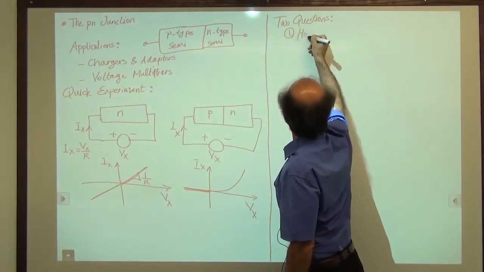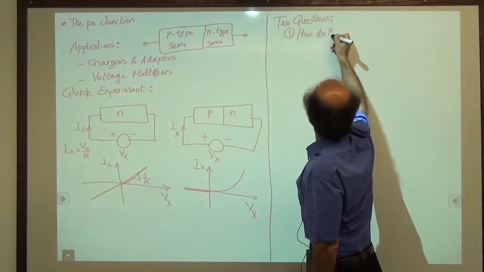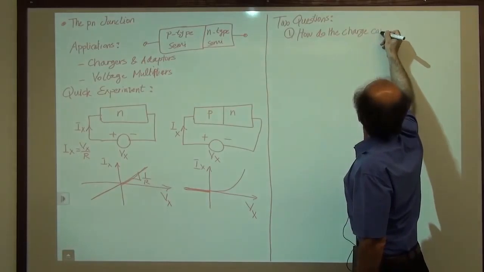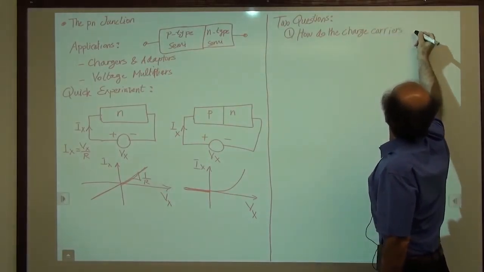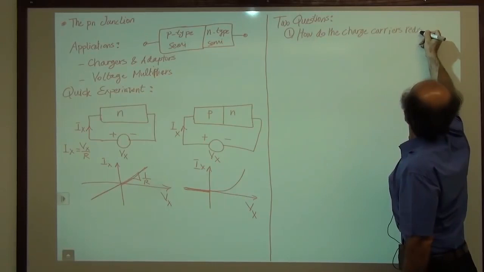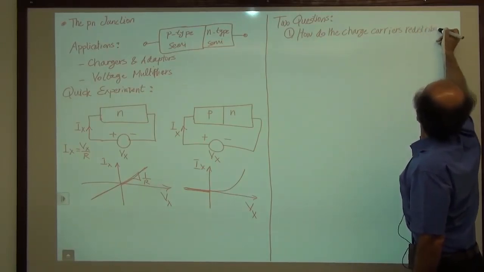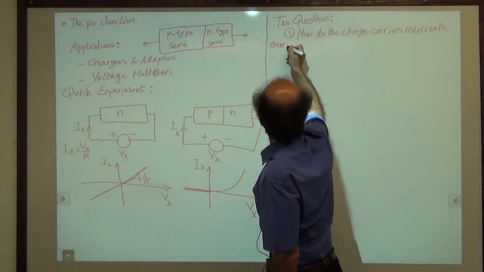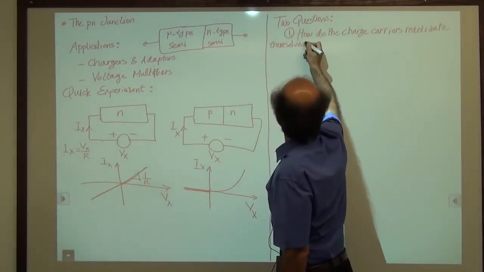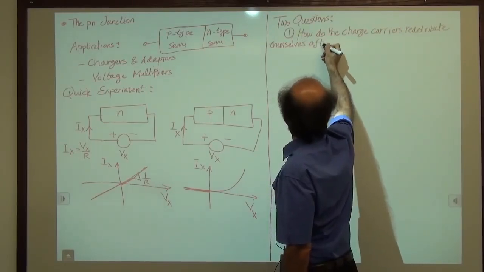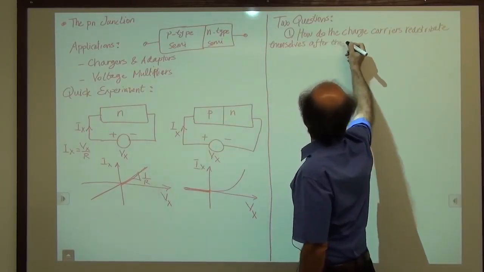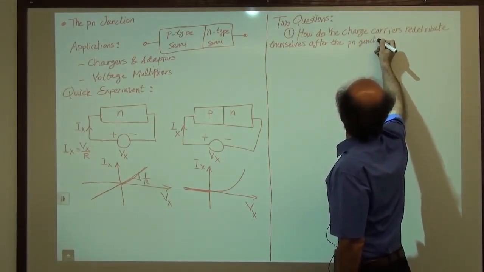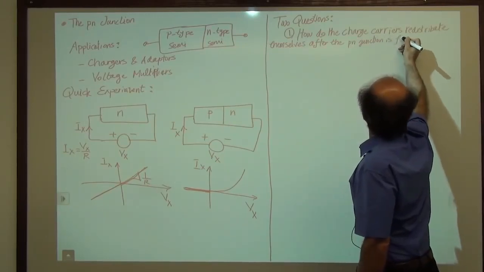How do the charge carriers redistribute themselves after the p-n junction is formed?